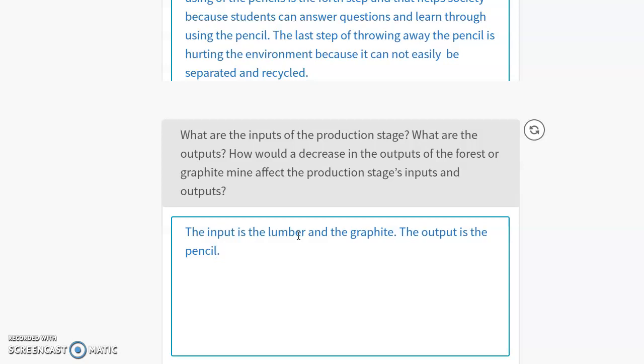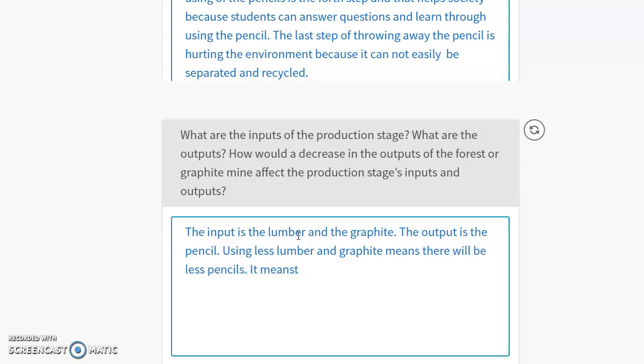Okay, so how would taking out all the outputs of the forests or the graphite, so a decrease in pencils, affect the input and output? Using less lumber and graphite means that there will be fewer pencils.